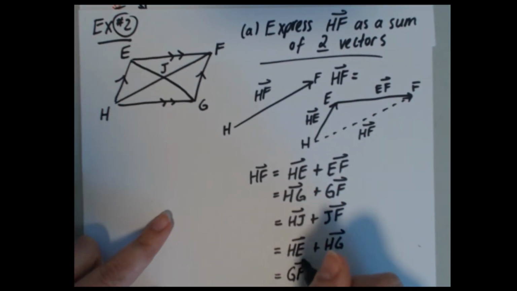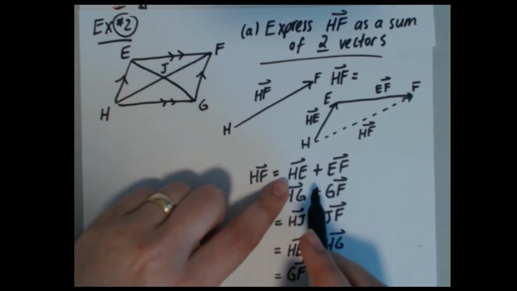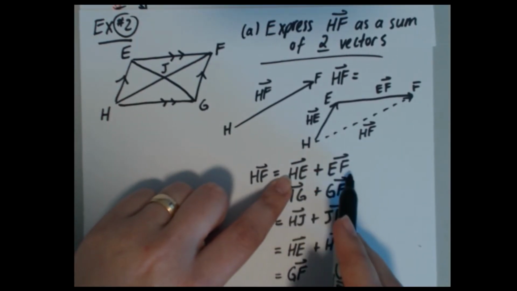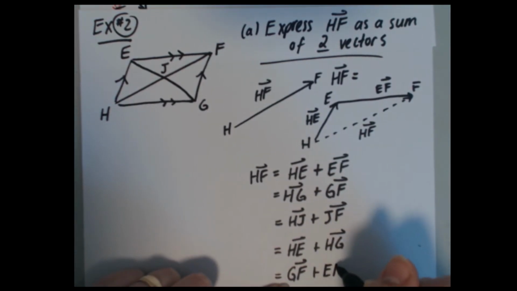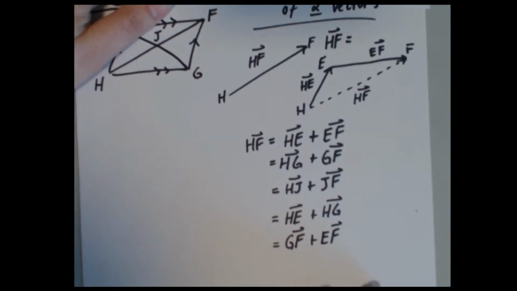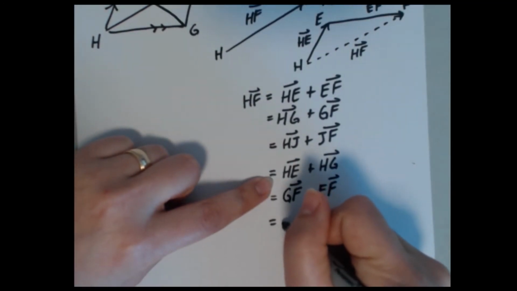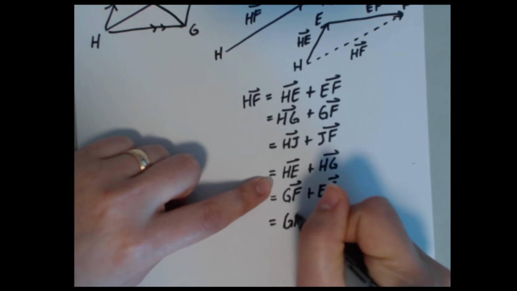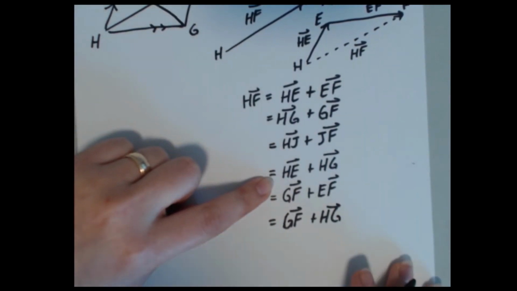So every instance where I see HE, I can replace it with GF and just add the rest. So HE plus EF becomes GF plus EF. I can even take the example we just did, HE plus HG, and do GF plus HG. So that also works here.